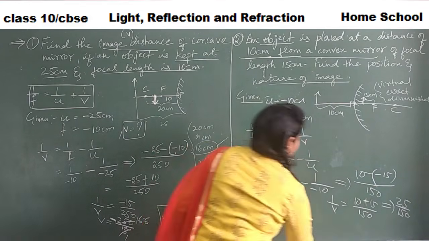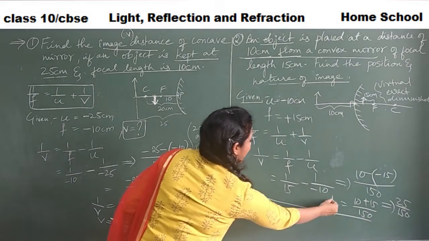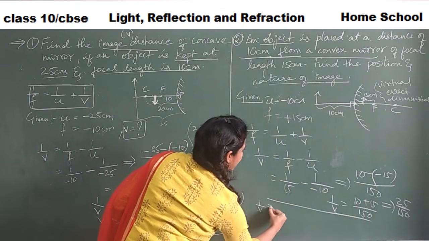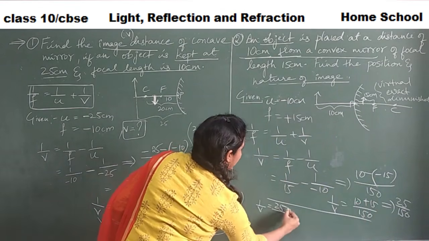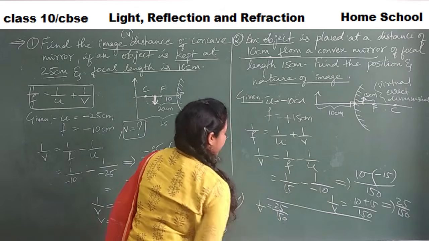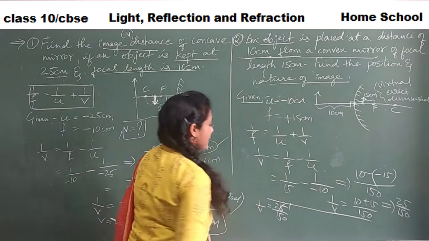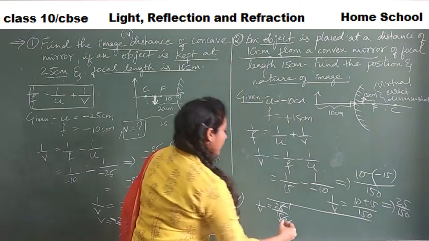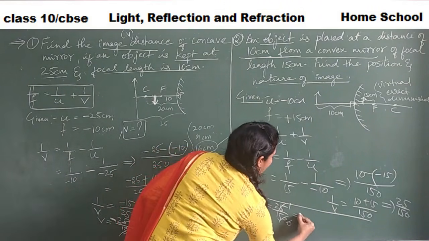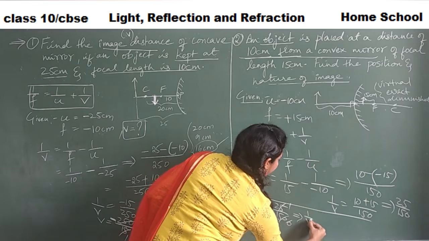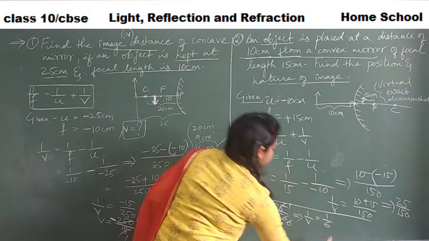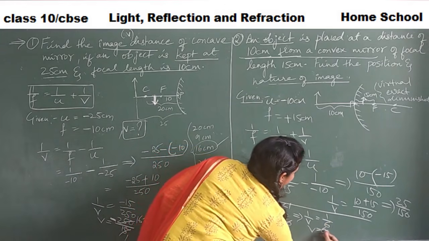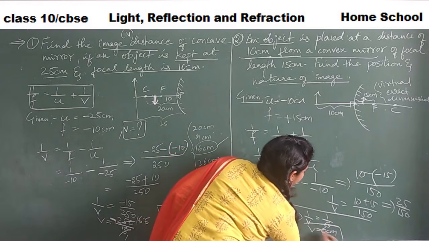Okay, so let me write here. 1 by v is equal to 25 by 150, right? 25 ones are 25, 25 sixes are 150, right? So 1 by v is equal to 1 by 6. So what is v, guys? Your v is equal to 6 centimeters.